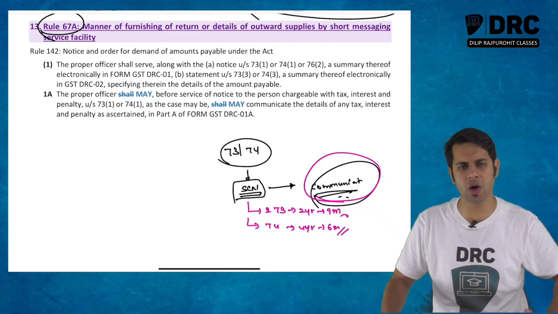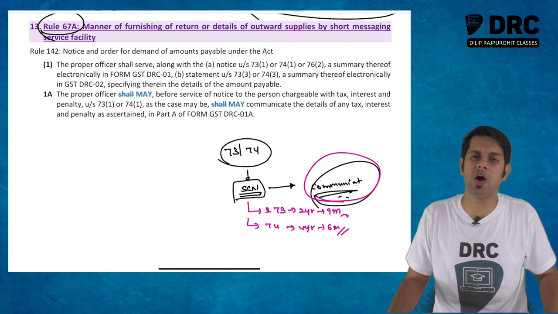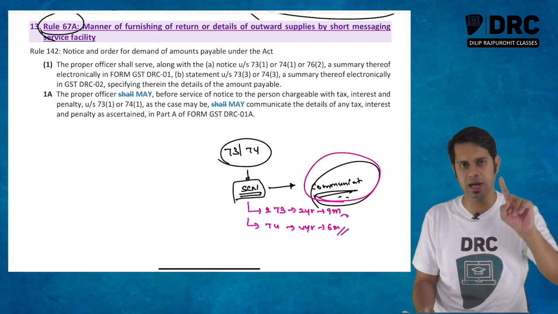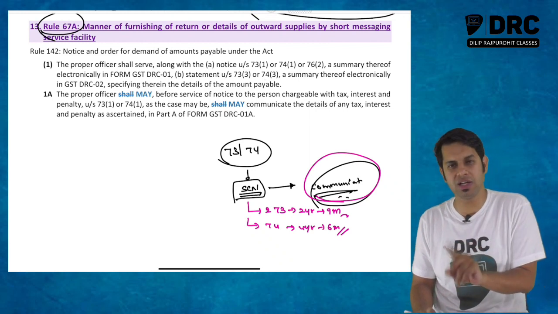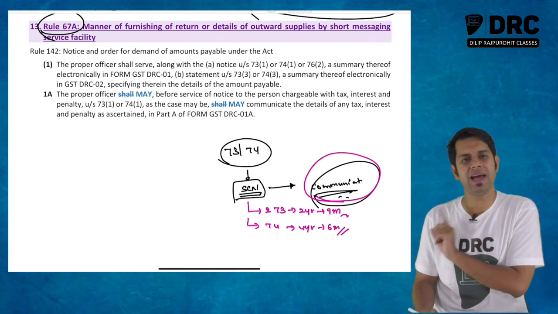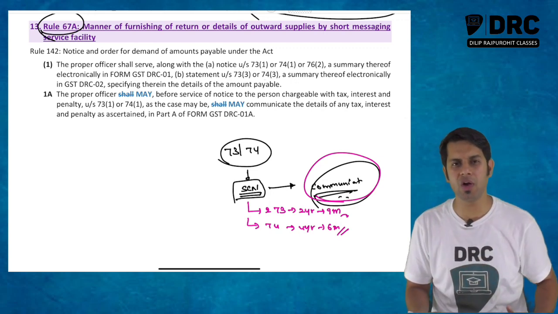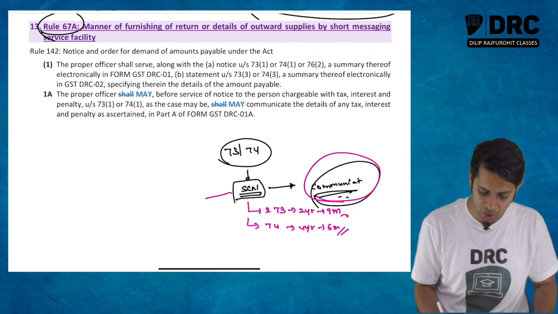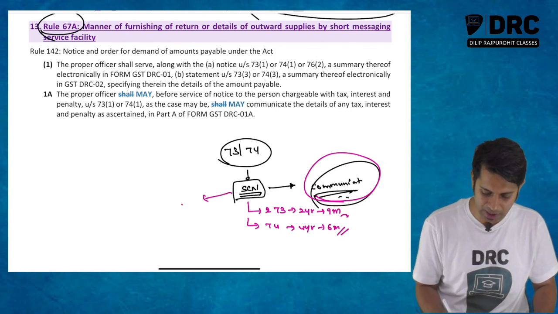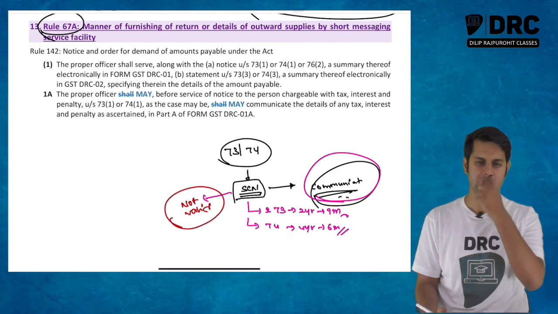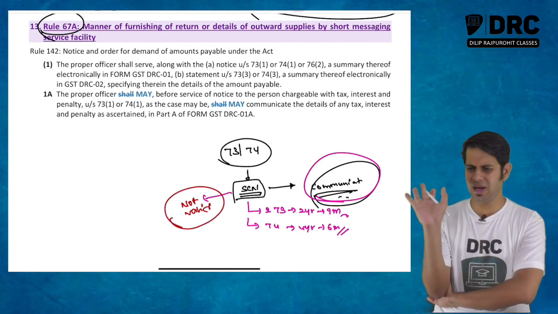The law is telling you should first send a communication letter and then only you can send a show cause notice. You have not sent a communication letter, you are directly sending a show cause notice. You are not following the law properly. Because of that, whatever show cause notice is given by you is not valid.